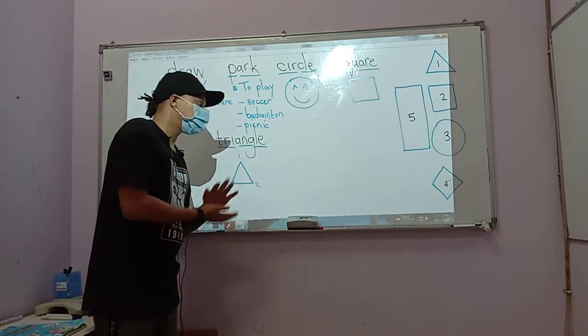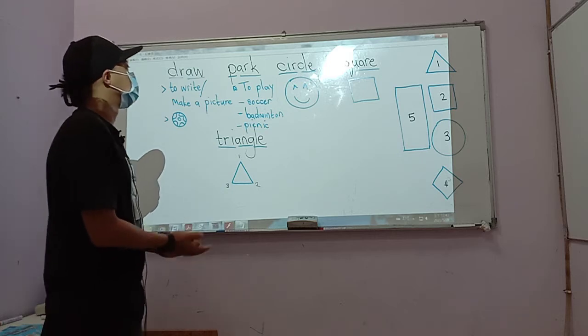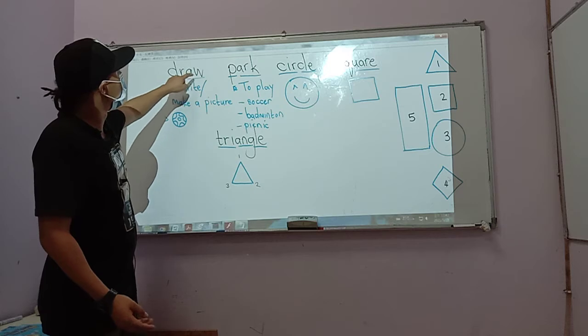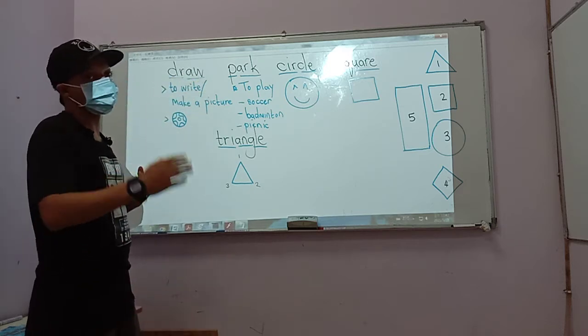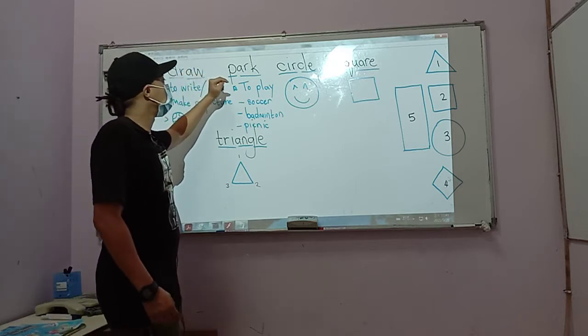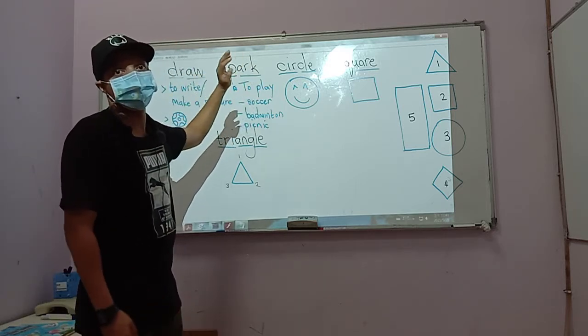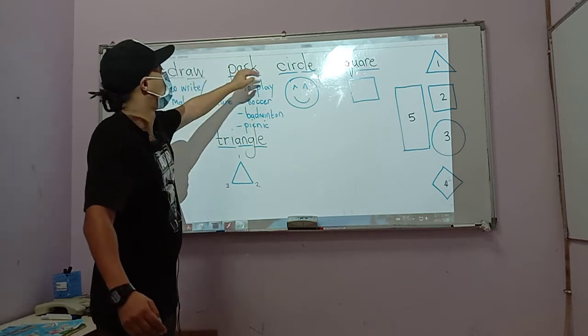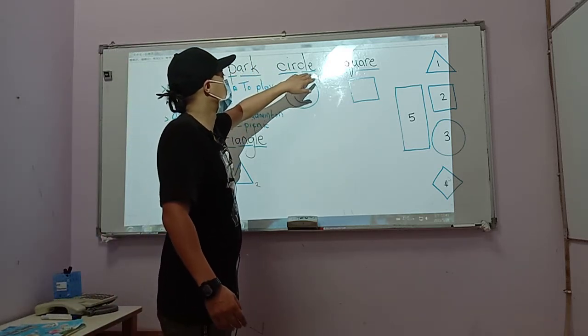Okay, so these are the words, everybody. Let's practice them one more time. So, draw. Can you say it? Draw. Okay, next one is park. Can you try? Park. Alright, then we have circle.